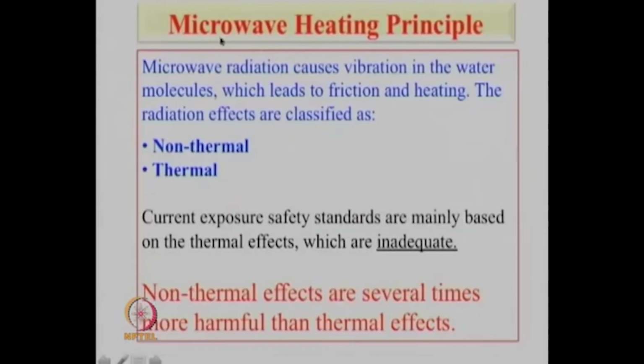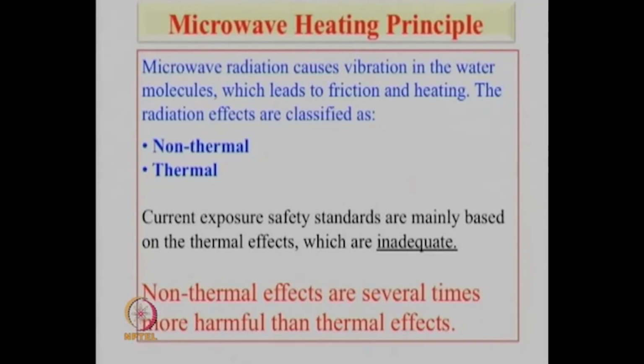In so many places there is Wi-Fi, and Wi-Fi is radiating exactly at the same frequency at which a microwave oven works. So let's see what is the principle of microwave heating. When we put food inside a microwave oven, it is the water in the food which is absorbing the radiation.